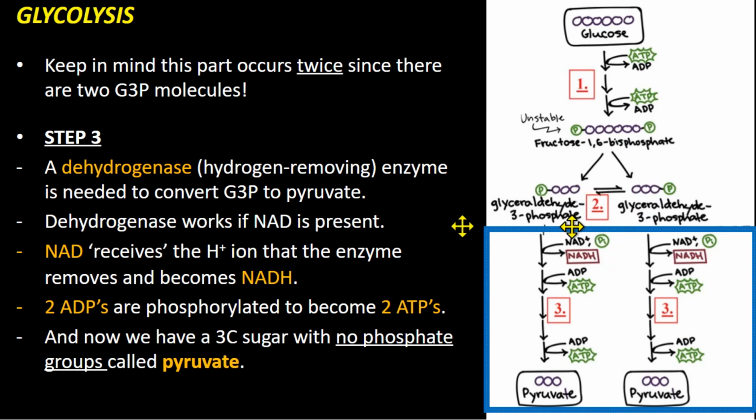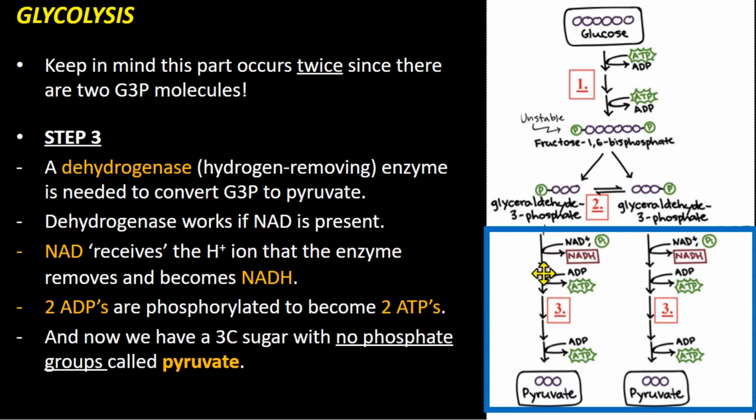Step 3. A dehydrogenase or hydrogen removing enzyme is needed to convert the G3P to pyruvate. The dehydrogenase would only remove that hydrogen if NAD is present. Remember, NAD is like a catcher's mitt that would catch that hydrogen ion that is being removed. So dehydrogenase would remove the hydrogen ion, NAD would catch it and turn into NADH.